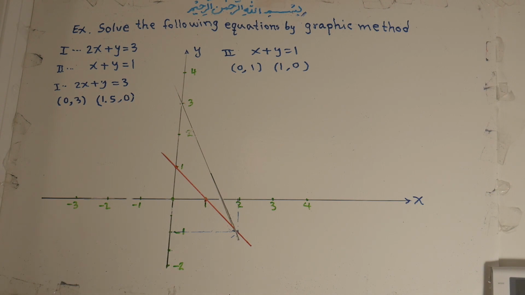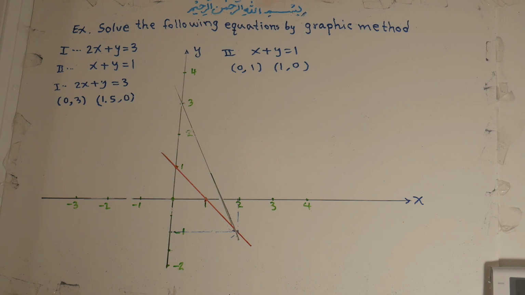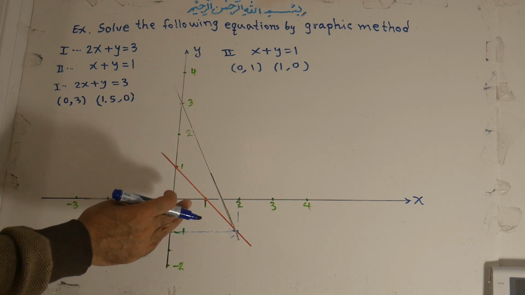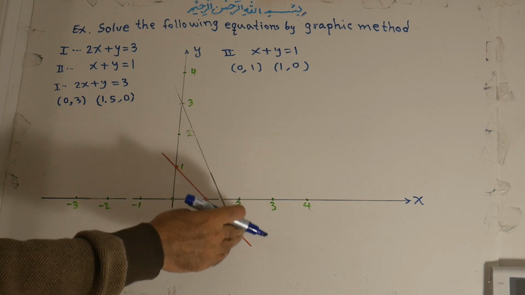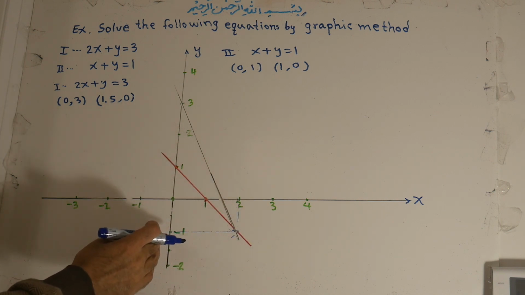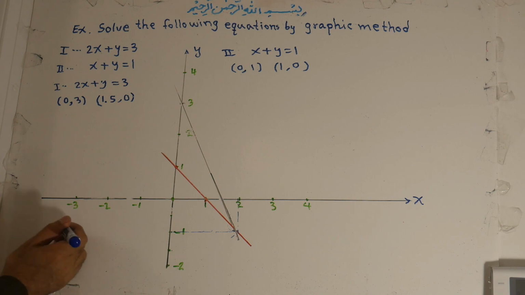Now, the intersection point between these 2 lines, or the cross section of these 2 lines, is here. We draw a parallel line from here to the x-axis and a parallel line from here to the y-axis. It projects to here and to there, and y is -1.